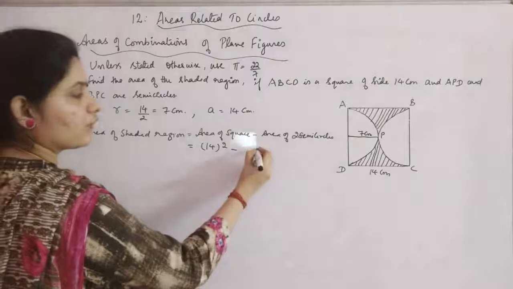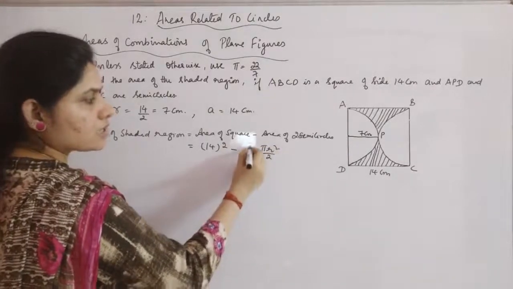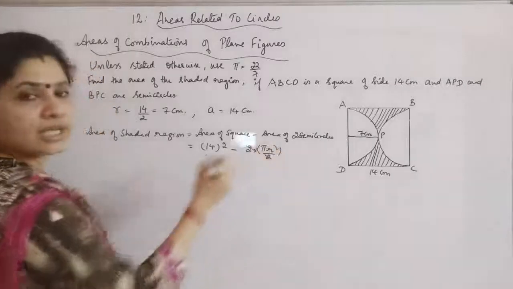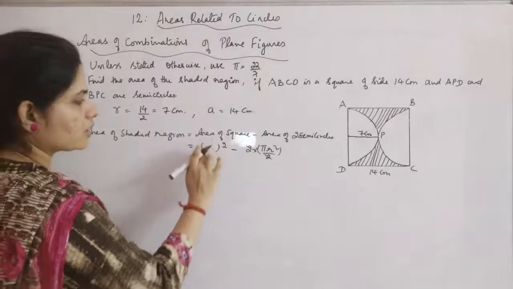Okay, so if I am writing one semicircle, it will be pi r square by 2, right? So two semicircles means 2 into pi r square by 2. So that will give you actually area of the circle alone. So 14 square, here you can write a square.